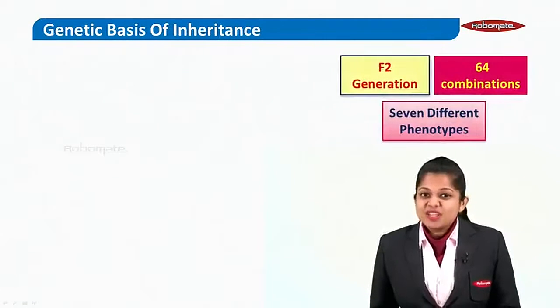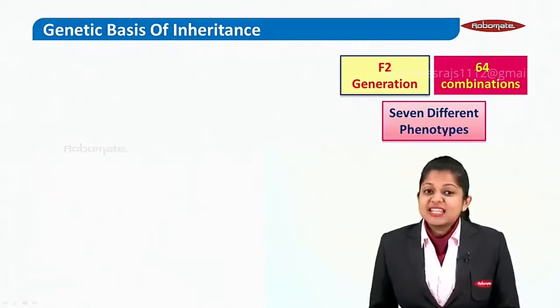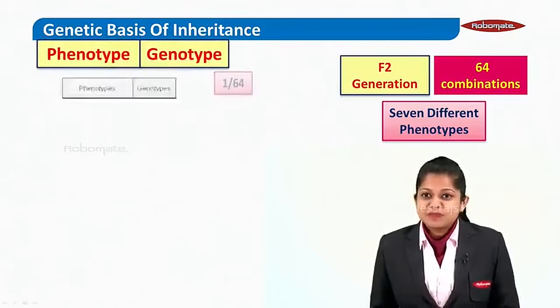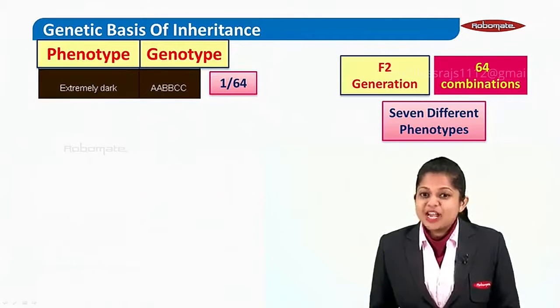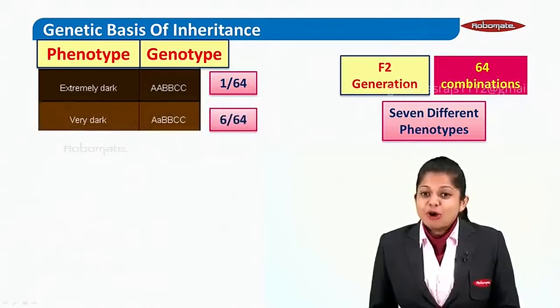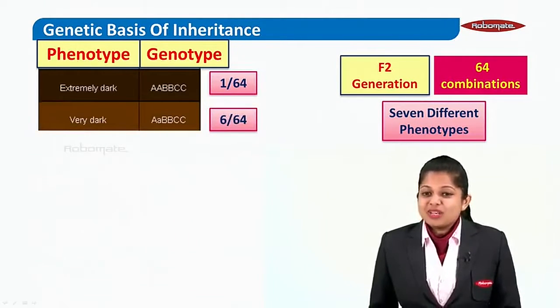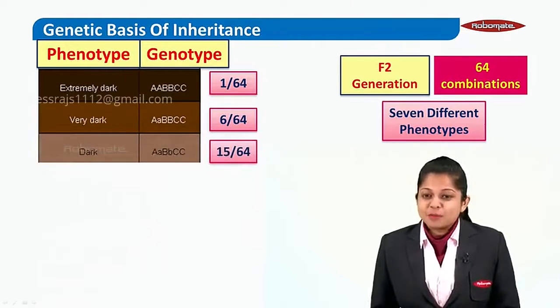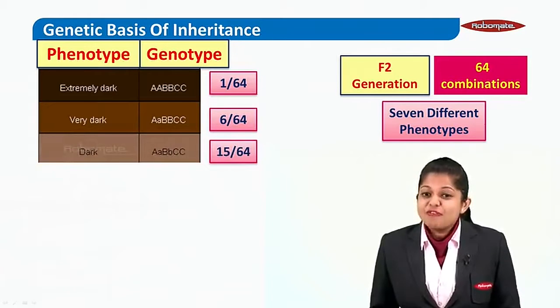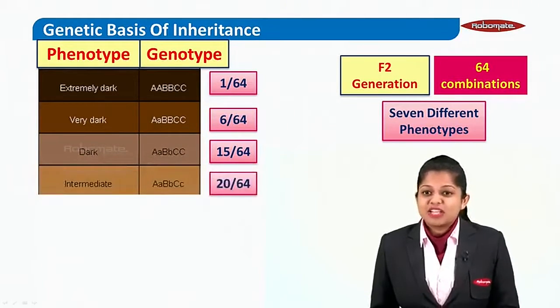So let us again observe the F2 generation, the 64 combinations, and their 7 different phenotypes. The first one that we saw was extremely dark, with a genotype of all dominant and a population of 1, followed by very dark, having 5 dominant alleles and a population of 6 out of 64, followed by dark, having 4 dominant alleles and 15 out of 64.